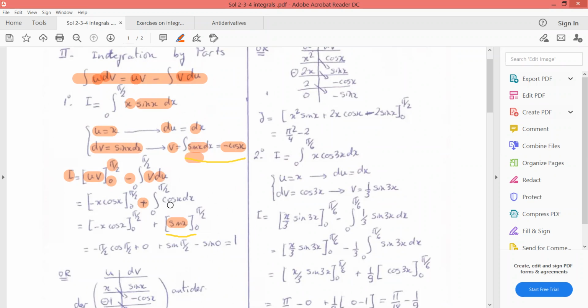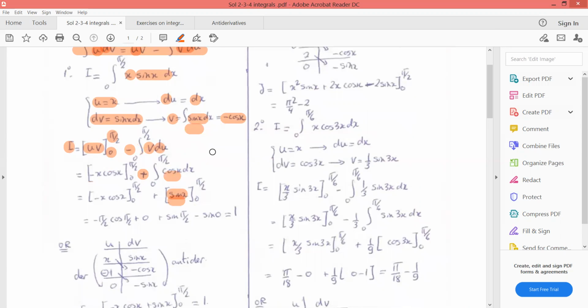Here the integral of cosine is sine. And this minus of the cosine, we multiplied with this. No, the integral of sine, as a rule, is minus cosine x. Yes, I know, but here you put plus. I put plus, and minus times minus becomes a plus. That is what I am saying. Okay.